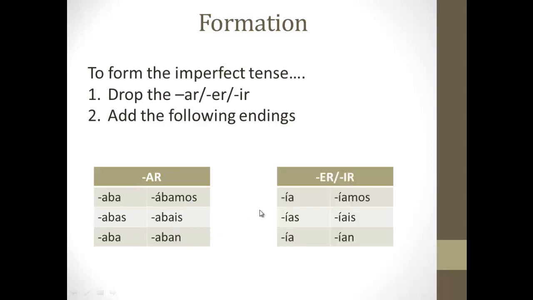If you have an ER, IR verb, you're going to add ía, ías, ía, íamos, íais, ían. I like to call the imperfect tense the abas and the ías. Okay, and you can see here why.